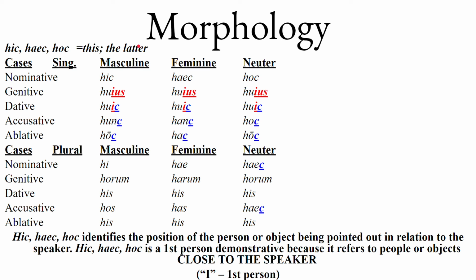So hic, hike, hawk, like the English word here, start with H. Hic, hike, hawk is right here. It's this thing right here. So we have hic, heteroclite huius. The dative huic, it's not hui, keeps that C, huic. Originally, this form used to be hike, and then it had a suffix, ce, and you declined this part.